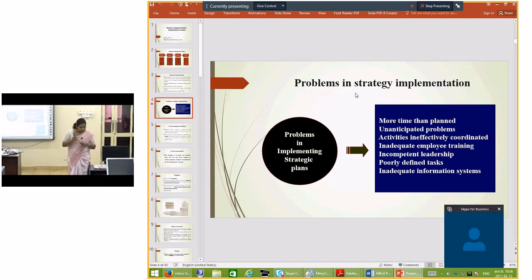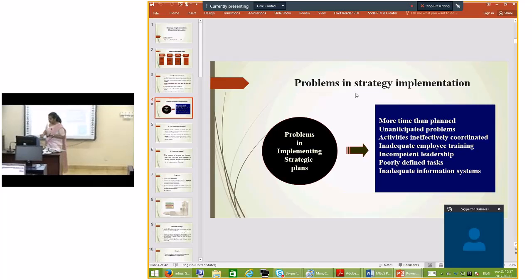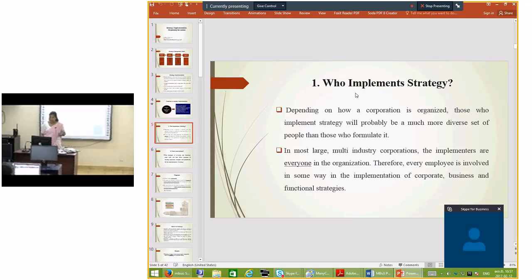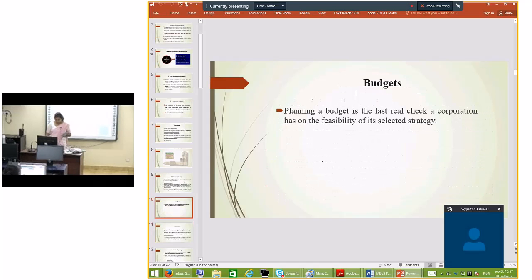In the implementation process, these things are very important. About the staffing requirement, as I mentioned, if we are going with ERP software and the existing staff is not competent, then we might have to hire new employees from outside. Therefore, staffing requirements and also the leadership.